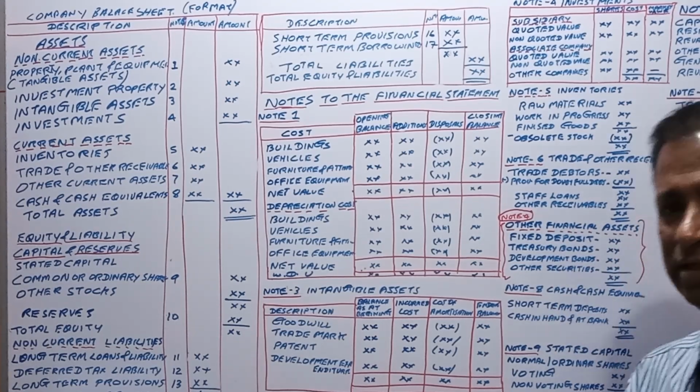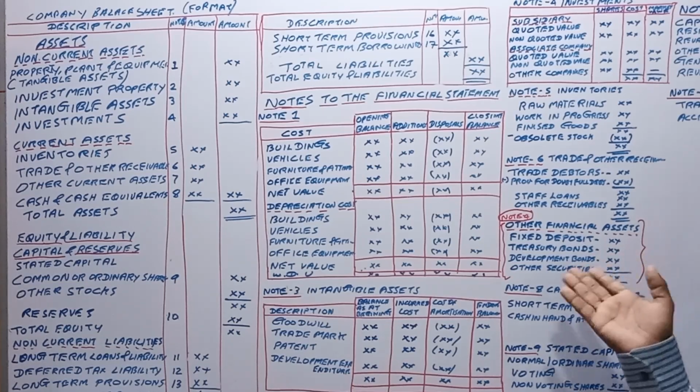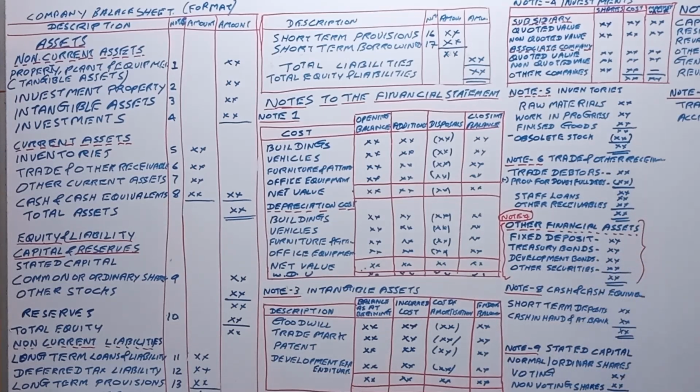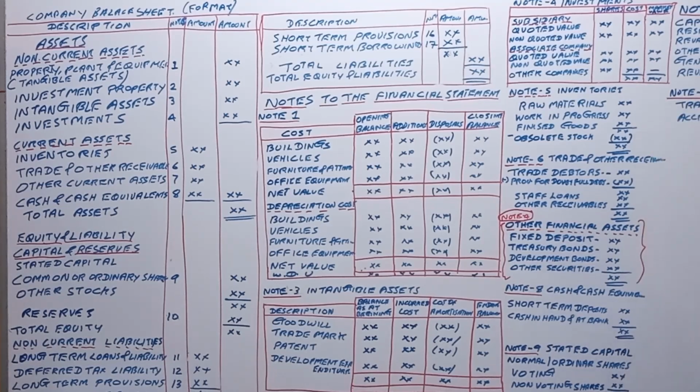There are other financial assets under the investments, that means fixed deposits which fall for more than 12 months, treasury bonds, development bonds or other securities that can be for 6 months, 3 months renewable, or 1 year, 2 year, 3 year or 5 year. Because of that, I am mentioning this one separately.